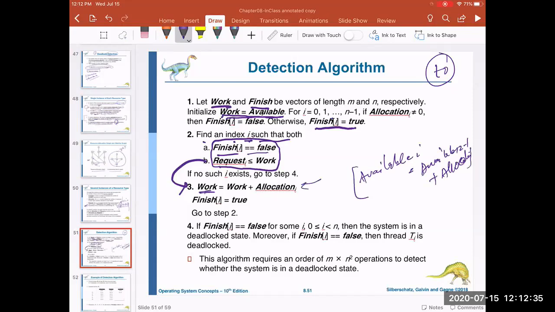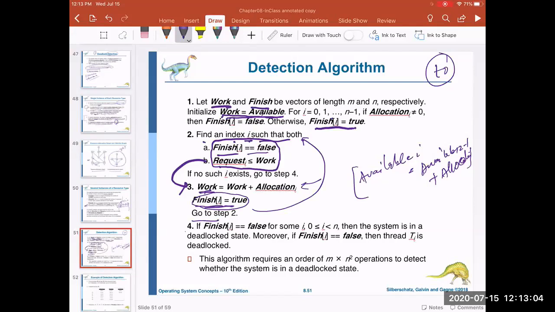So the new value of work is equal to the previous value of work plus allocation, and it will set finish to true, and we go back to the steps. For each and every thread, we try to run this and make finish equal to true. This is similar to what we did for the safety algorithm.